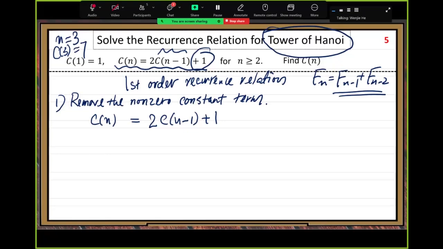On the right-hand side, there is a plus 1 term. So our first step when we do the manipulation, we want to make the left-hand side and right-hand side the same structure. How do you make both sides the same structure?